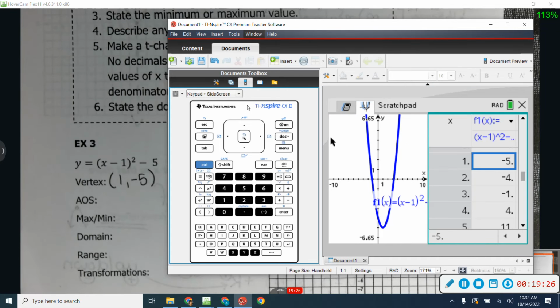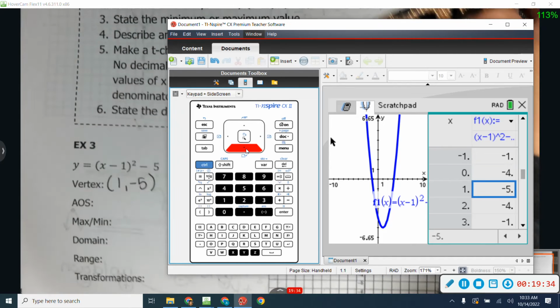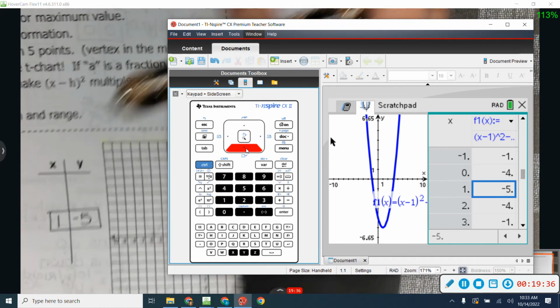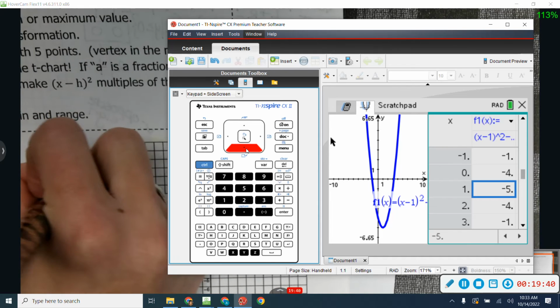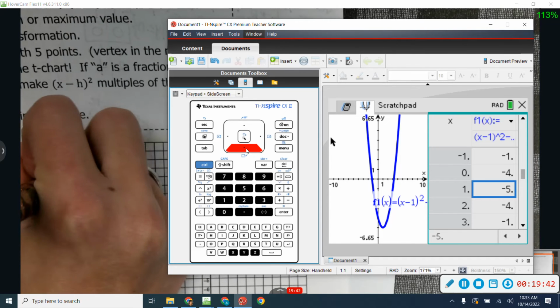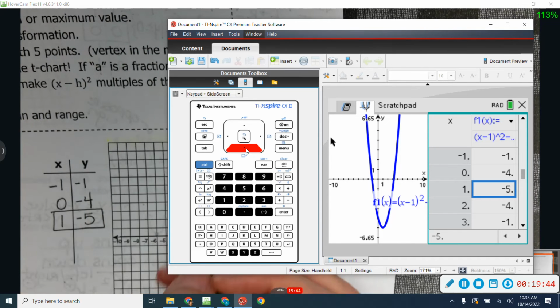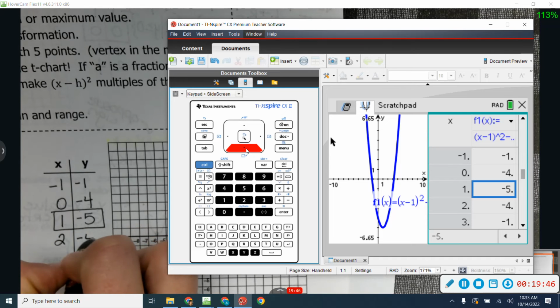Control T. Is 1, -5 my correct vertex? Yes. Alright. Do I need to skip values? No. So I'm going to copy down 0, -4. And -1, -1, 2, -4, and 3, -1.